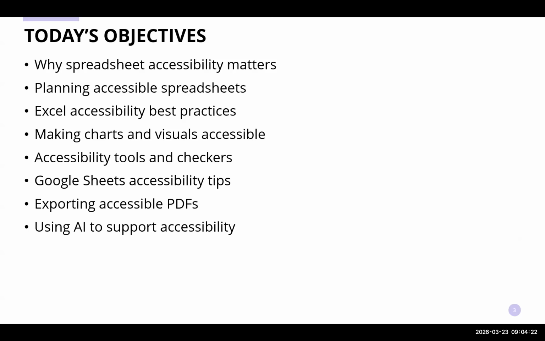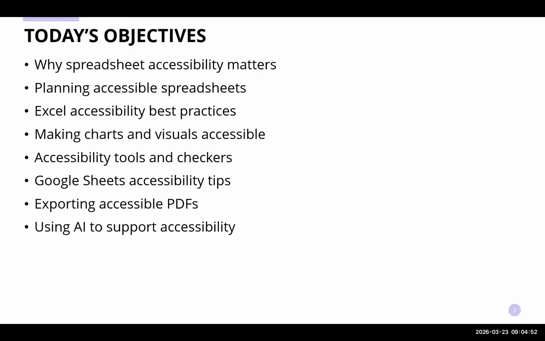Before we jump in, let us take a quick look at what we are going to cover today. So just to set up the stage, by the end of this session, you will have a clear understanding of how to apply accessibility in your everyday work, especially with spreadsheets. We'll start with why accessibility matters in spreadsheets or Excel, because once that clicks, everything else starts to make sense.